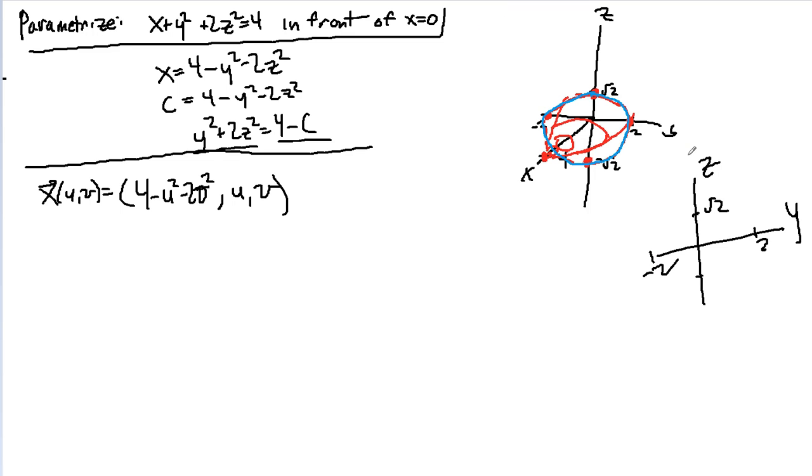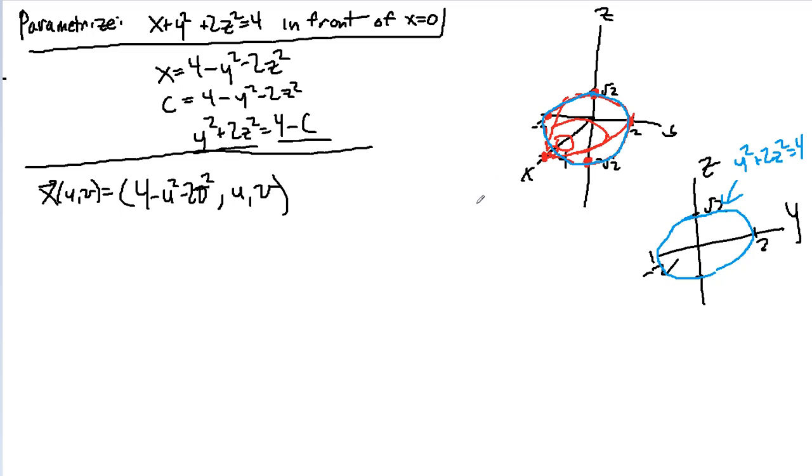So this blue curve here looks like an ellipse there. And this would be, of course, if x is equal to 0, y squared plus 2z squared is equal to 4.